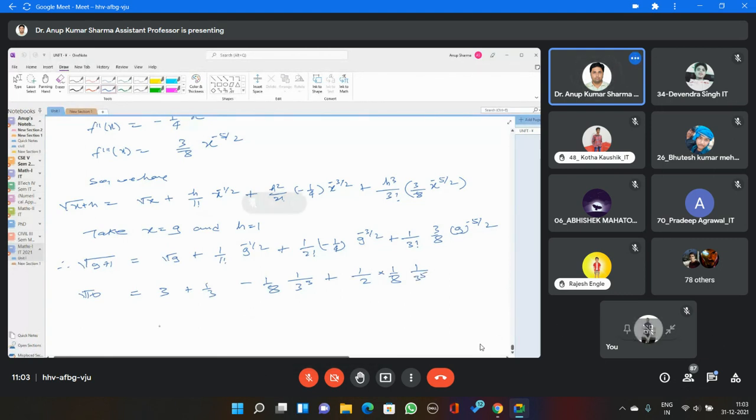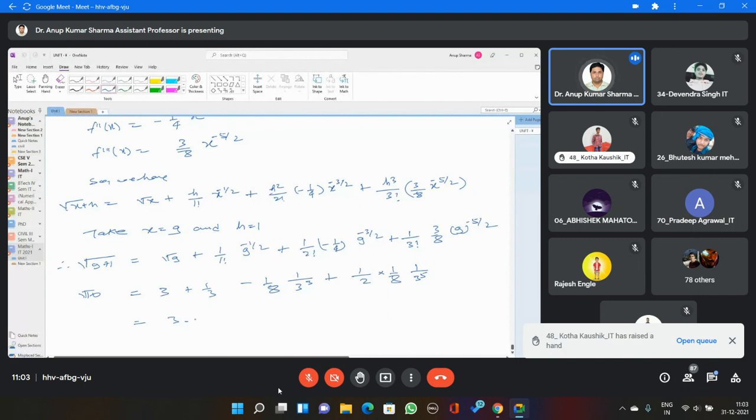After putting in all the values and simplifying, we will have a value of approximately 3.16227. That should be 3 plus 1 by 6.